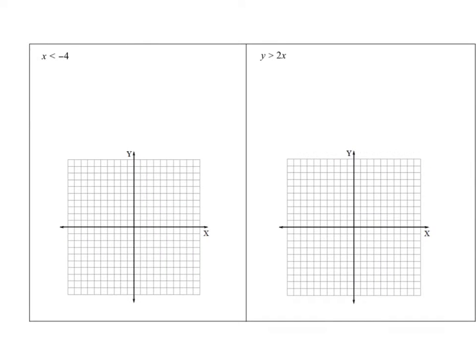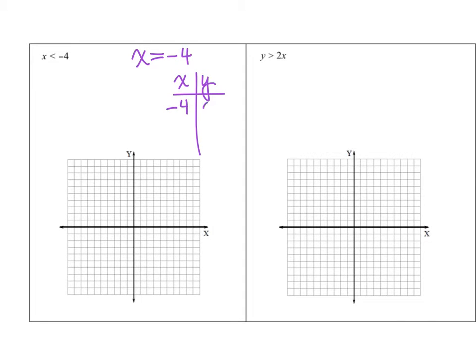Okay, I'm going to set up a couple of these next ones, and then I'm going to have you finish the rest of them yourself. So x is less than negative 4. Well, first of all, what does x equal to negative 4 look like as a line? Think about an xy chart. X is negative 4.